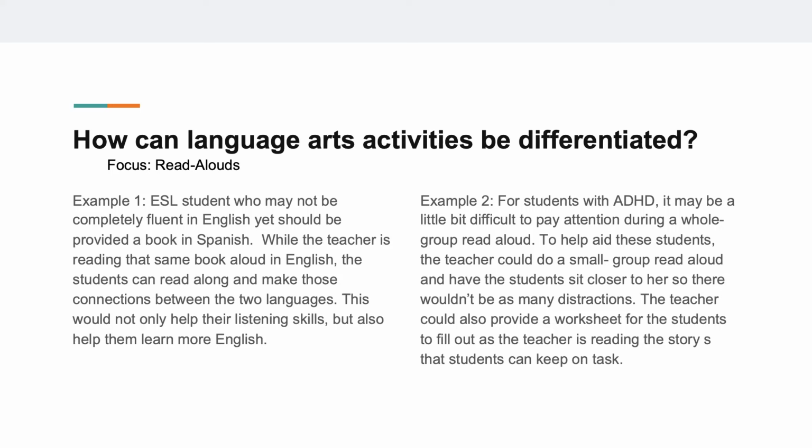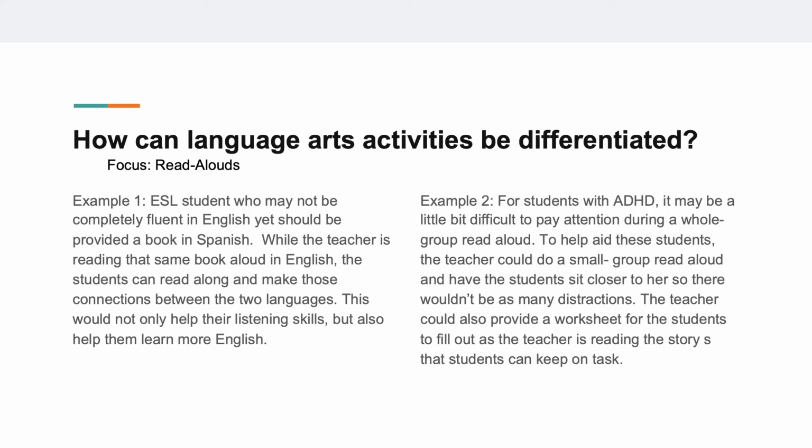My second example was catered to students with ADHD, because read alouds can be a little bit difficult to pay attention to, and listening in general is a little bit more difficult for students with ADHD to pay attention and listen to someone speaking when they're not physically doing something.